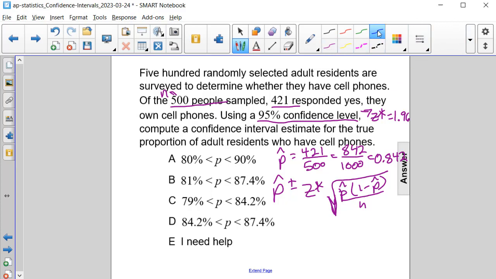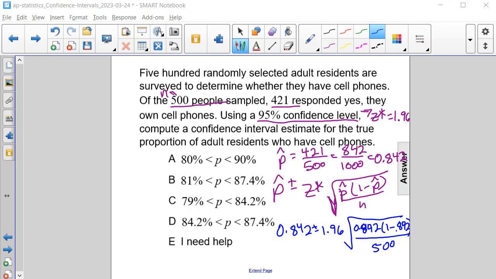Now, if we substitute the values in that we have from our problem into the formula, we have 0.842 plus or minus 1.96 times the square root of 0.842 times 1 minus 0.842, all divided by 500.